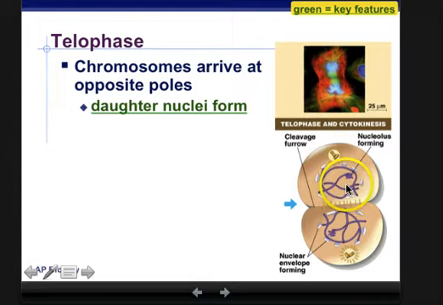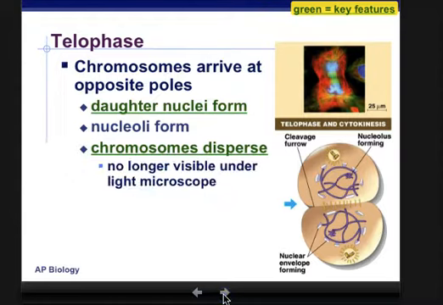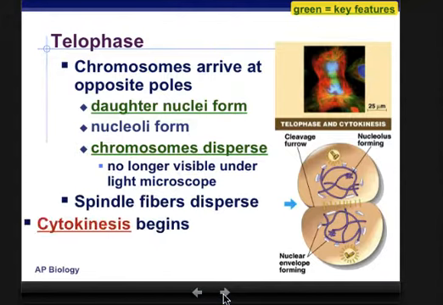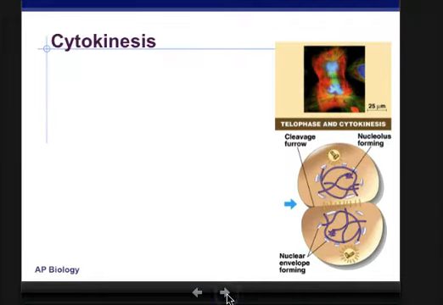We start to get a nucleolus and this cleavage furrow. So nuclei form, the chromosomes disperse, so they're no longer visible under a light microscope. The spindle fibers disperse, and we have the beginning of cytokinesis and full cell division. We'll talk about cytokinesis in a second.